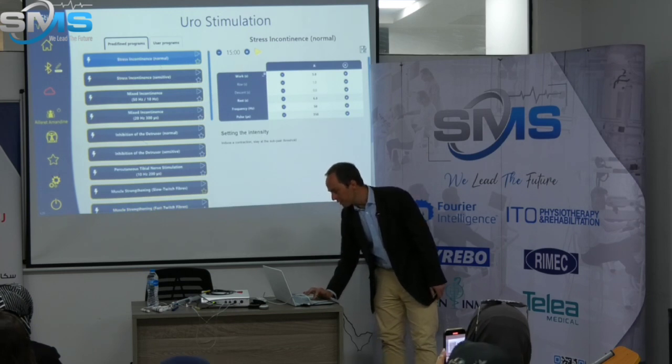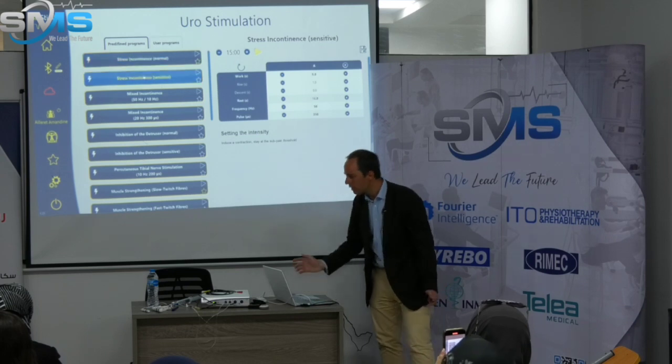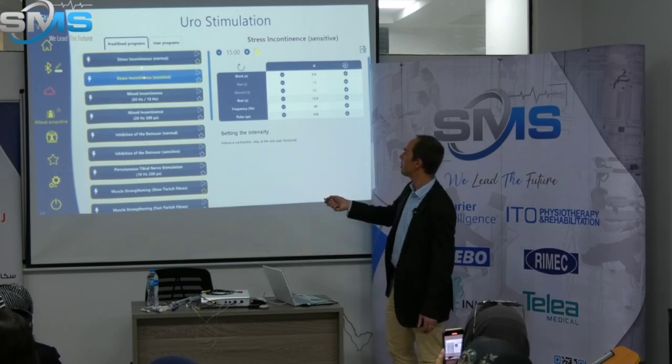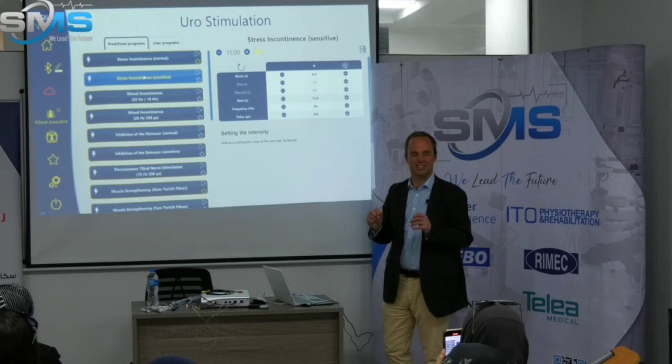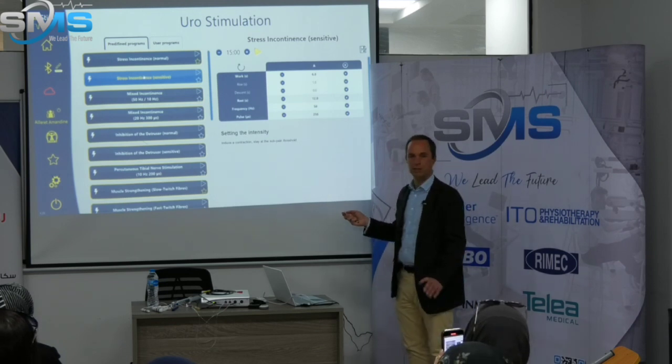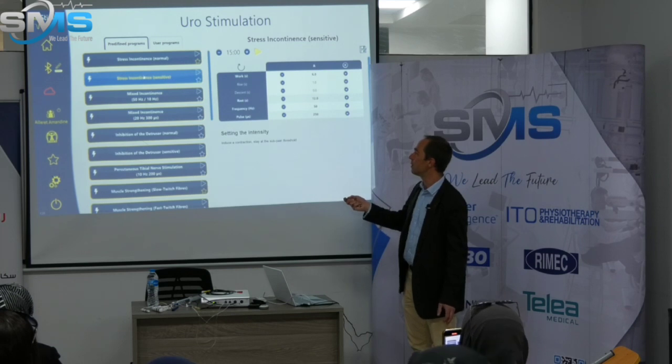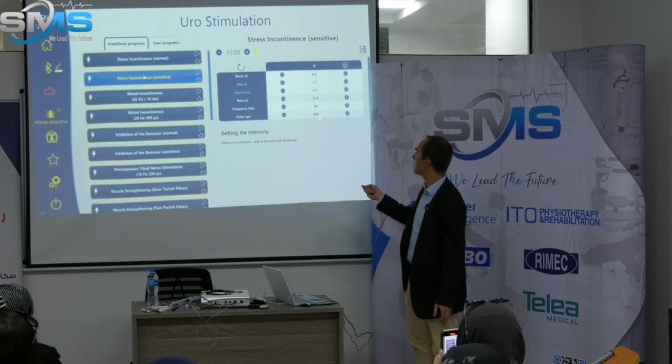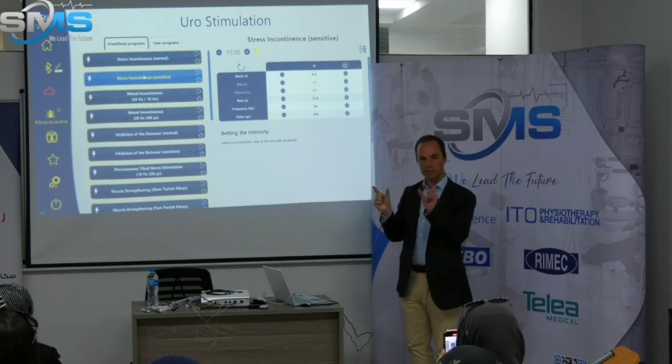Also, you can adjust everything here. You see, I've chosen even sensitive. Let's say I chose sensitive because my patient doesn't like current at all, and she's very bothered by current. So I choose a specific sensitive current. The difference here is that I have a specific parameter, the pulse width, that is smaller.